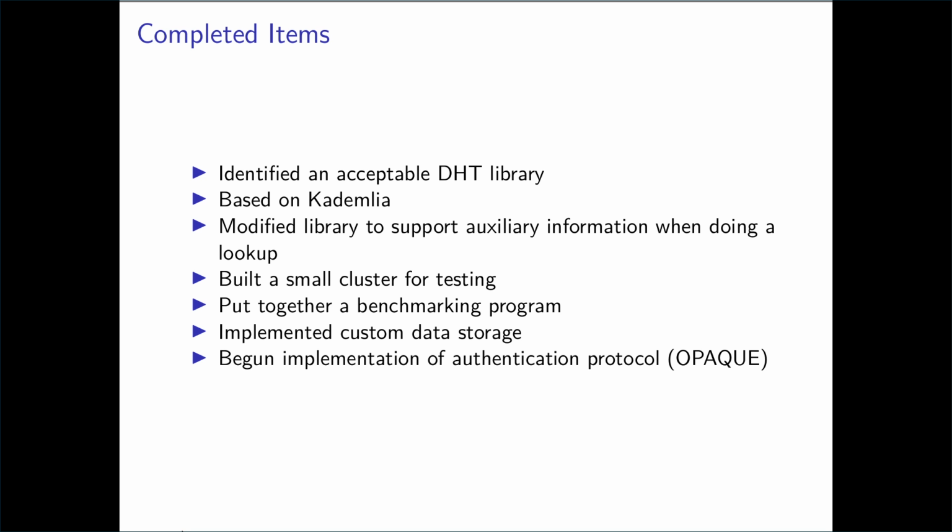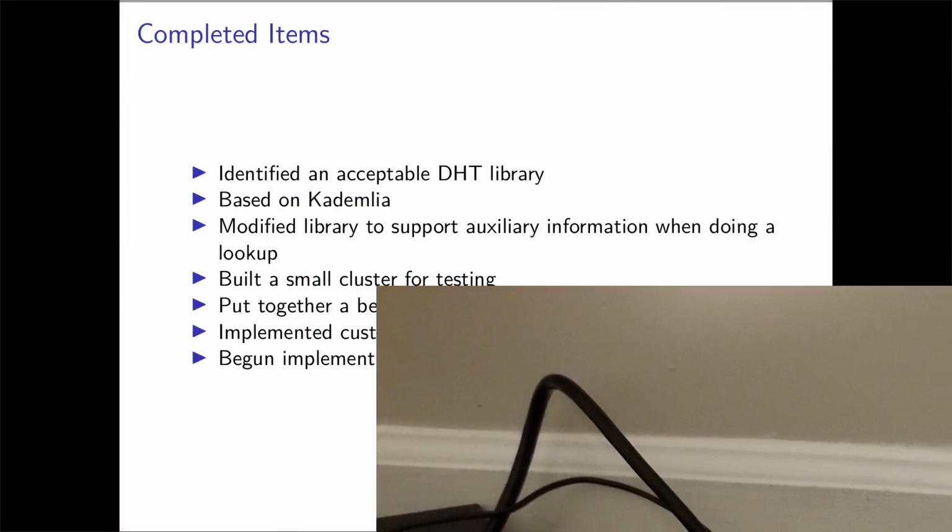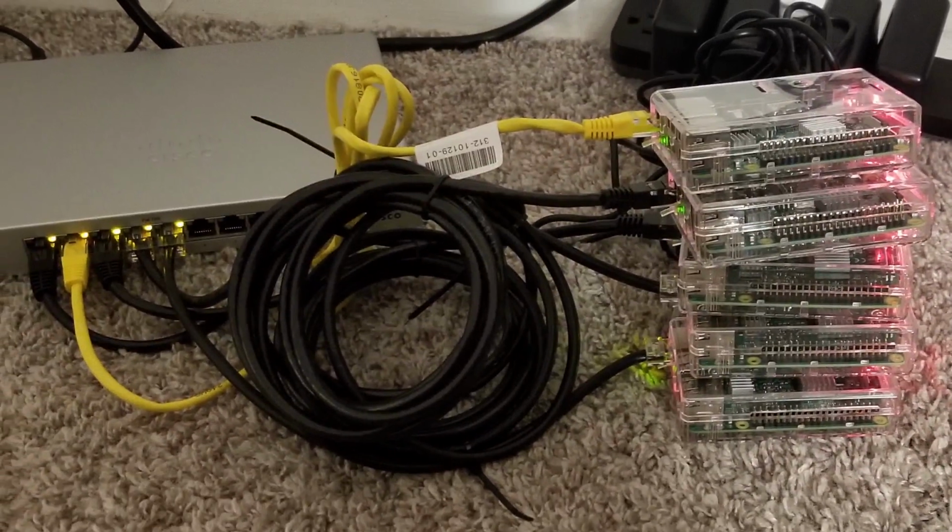I built a small cluster for testing, and I can show you that in a second. It's a Raspberry Pi cluster with 5 nodes. Here it is. It's a little big right now. There it is.